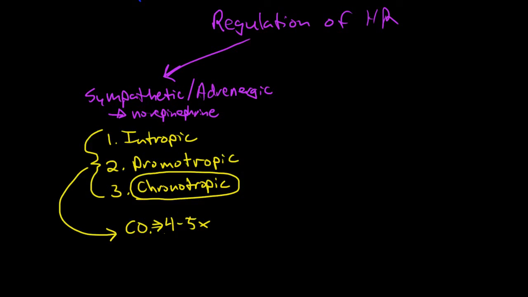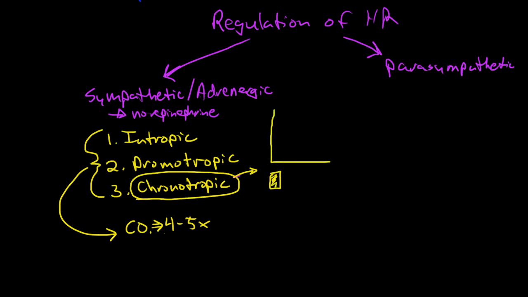Okay, and then on the other side here we have the parasympathetic nervous system. Actually, I should probably talk about the chronotropic response here. So the chronotropic response is due to the influence of the sympathetic nervous system on the SA node. And what does it do with the SA node?